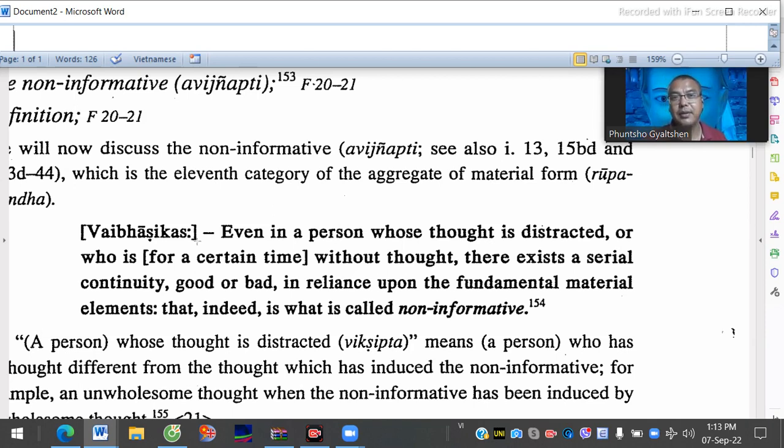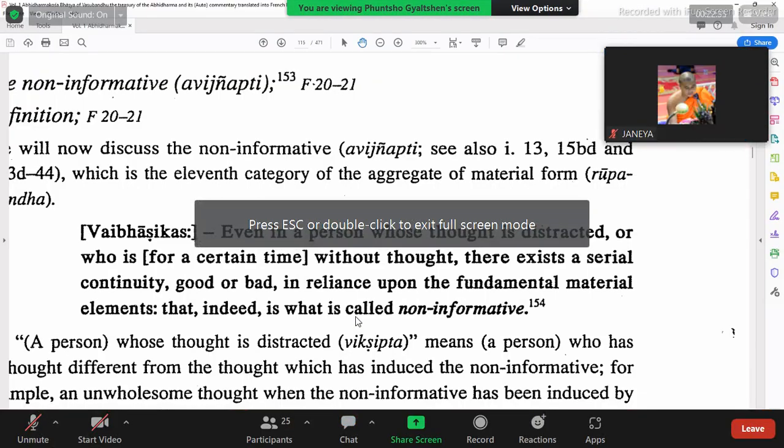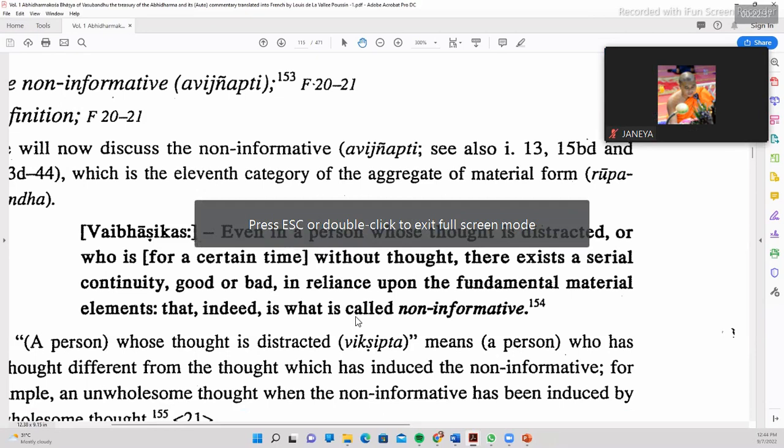So the point is, as I said earlier, why it happens that once you take the promise, you keep increasing your merits automatically. The Vaibhasikas say there is something called the non-informative body.